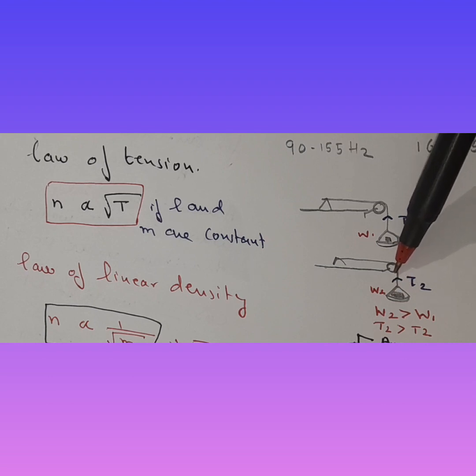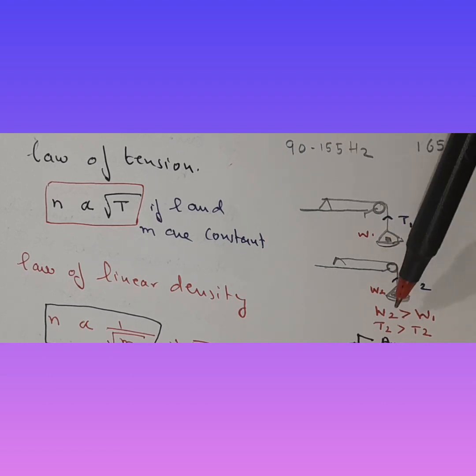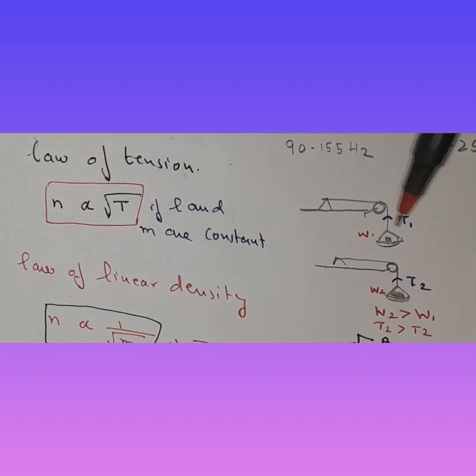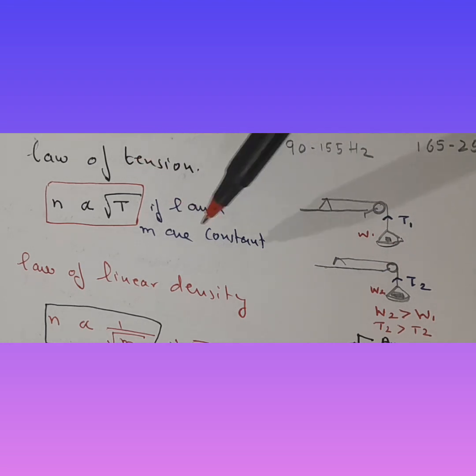Tension in this case is greater because weight W2 is greater than W1. If we pluck this string and this string, obviously this would have shriller sound. That concludes that higher the tension, higher the frequency, higher the pitch, or shriller the voice, provided L and M are constant.